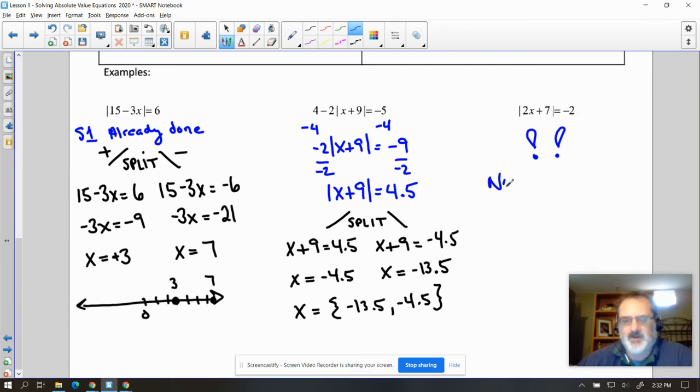So no number or numbers will ever make this true. So without going on and without solving it, I would actually say that there's no solution.